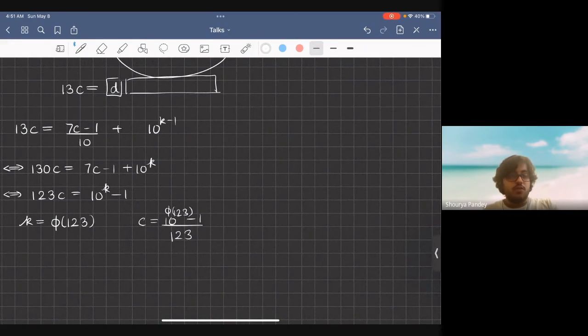So let's see what these numbers are. Oh, it's huge.